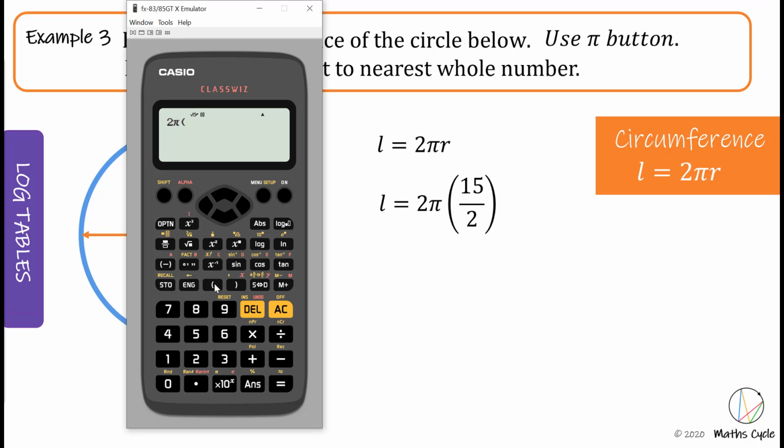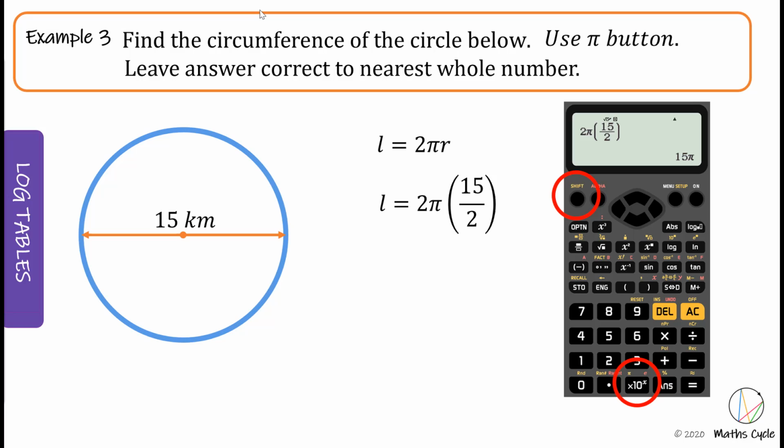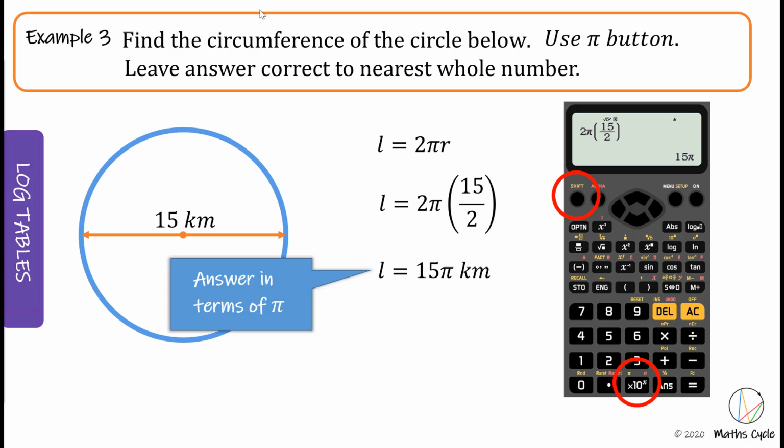So brackets 15 divided by 2, down arrow to the denominator, 2, side arrow to come out, close brackets, equals, and it gives you the answer 15 pi. Okay, now that answer 15 pi is actually the answer in terms of pi. That's what we call that. If you give the answer as 15 pi, we would say you're given the answer in terms of pi.